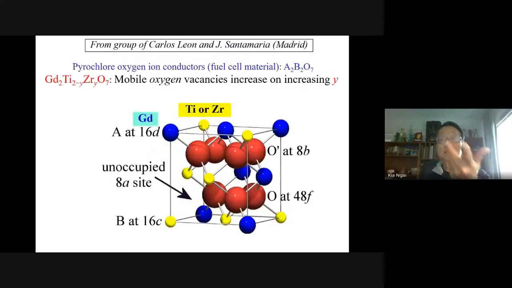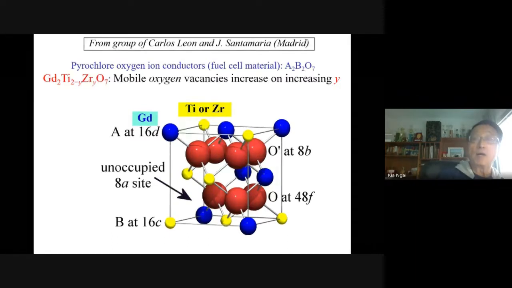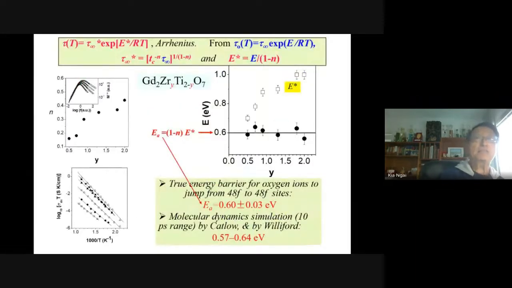Okay, let's look at this material, which is an energy material, an oxygen ion conductor. Without going into every detail, you see the activation energy measured depends on the titanium or zirconium.